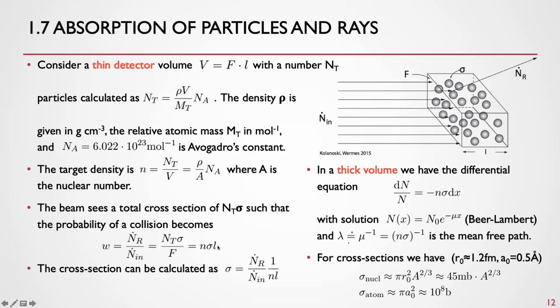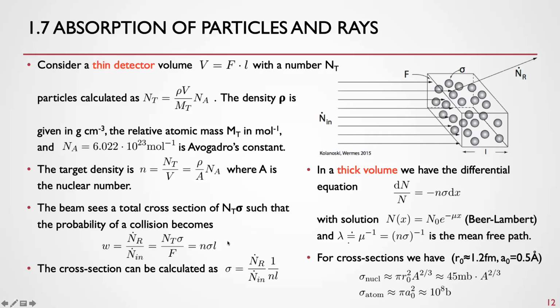And inverting this gives us a nice formula for the cross-section. So we can measure the cross-section from the ratio of outgoing to incoming particles, which is the probability of a reaction. And then we divide by everything this outgoing rate scales with, which is of course the total number density of scattering elements, n, and the depth of the thin absorber.